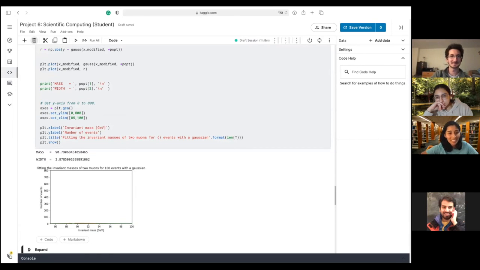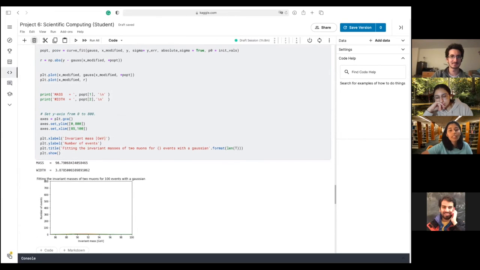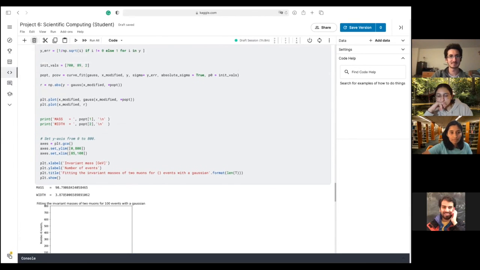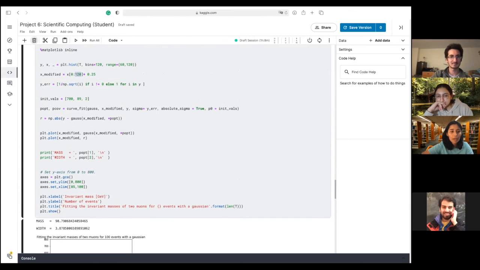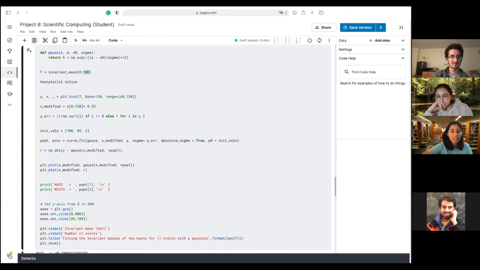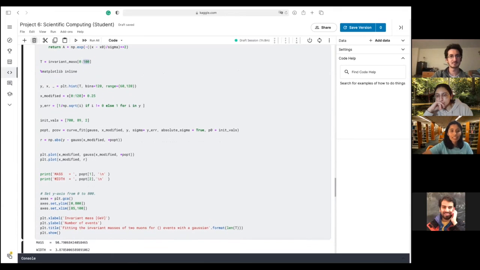But with increasing number of events, we can pin down the mass and the width to a greater precision, as we see here. If we play around with the number of events, it's evident that we need a huge number of statistics.